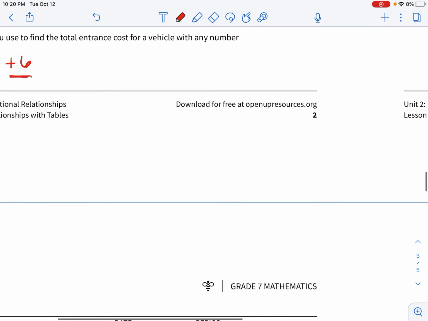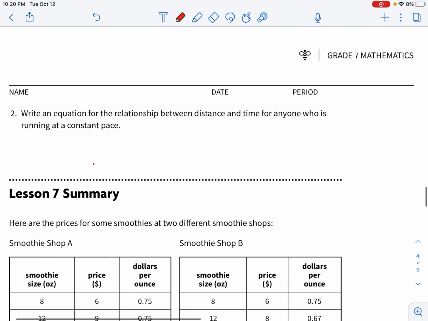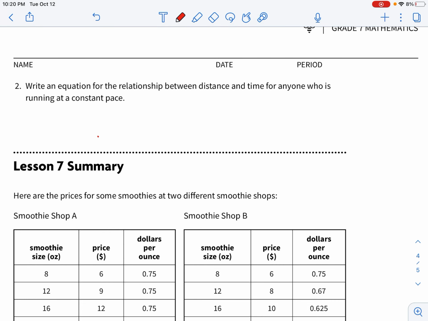All right, and then the last question here that ties to that. It just says, write an equation for the relationship between distance and time for anyone who is running at a constant speed. Okay, so remember the form of a proportional equation is y equals k times x, where k is your constant of proportionality, or the constant speed someone's running.